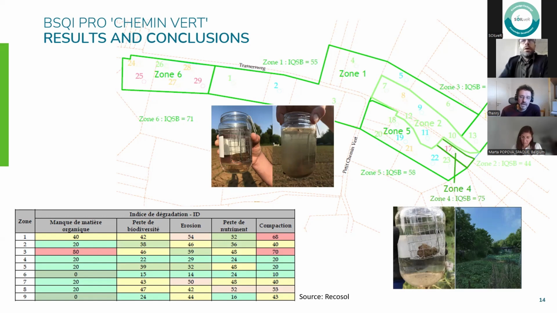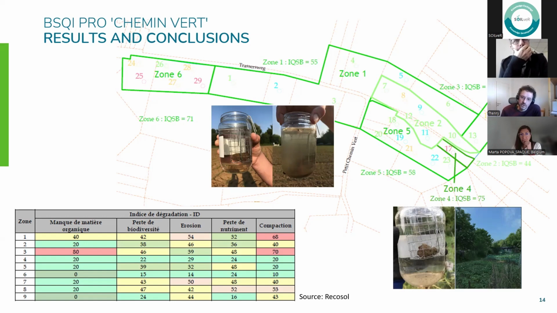If we compare with zone 4, the index of zone 4 is clearly better. So, why? What's the explanation for that?